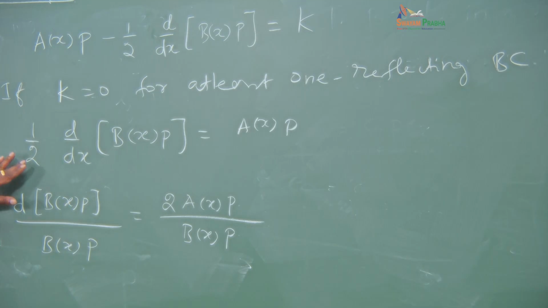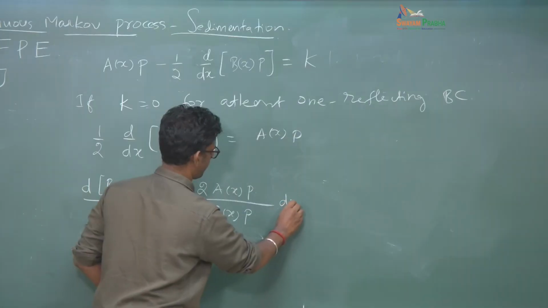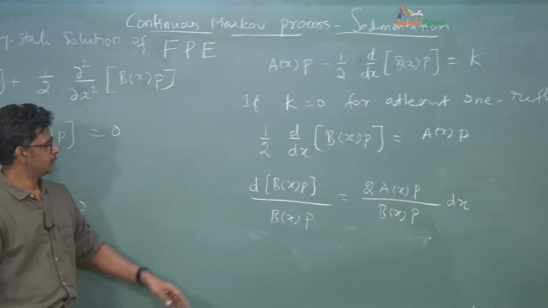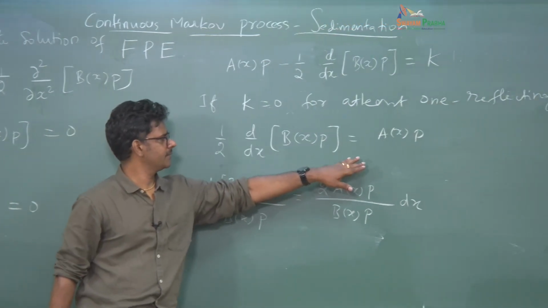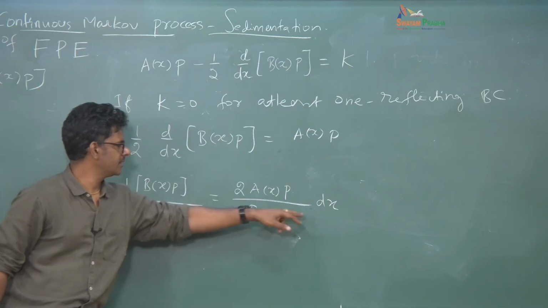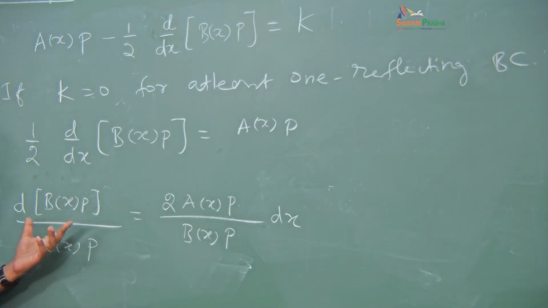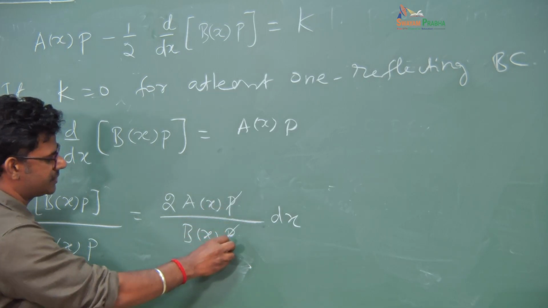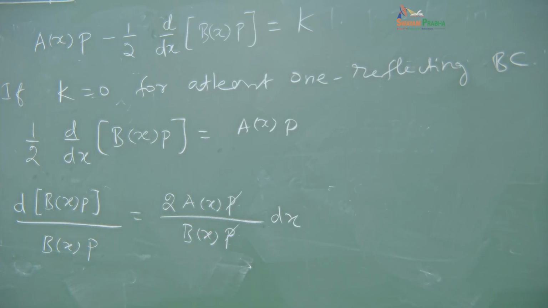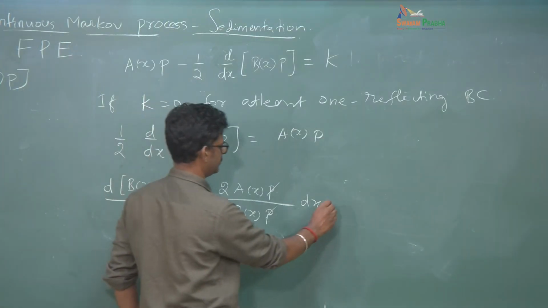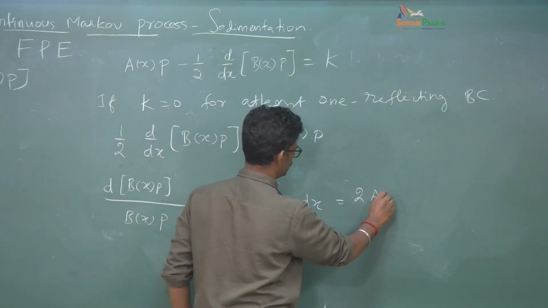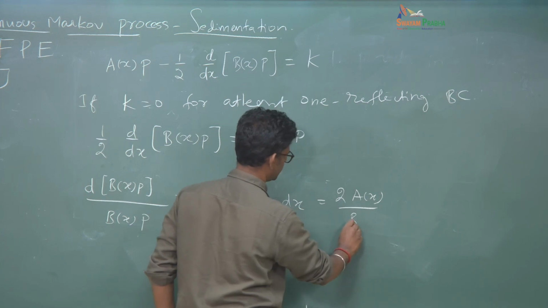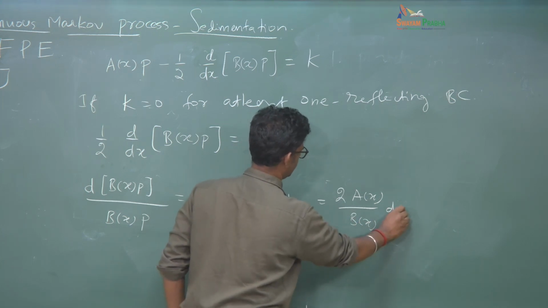What I'm doing here is separating the variables. dx goes there, and on both sides I'm dividing by b(x) times p. Here and here. So on the right hand side the p cancels. Then you are basically left with 2a(x)/b(x) dx.